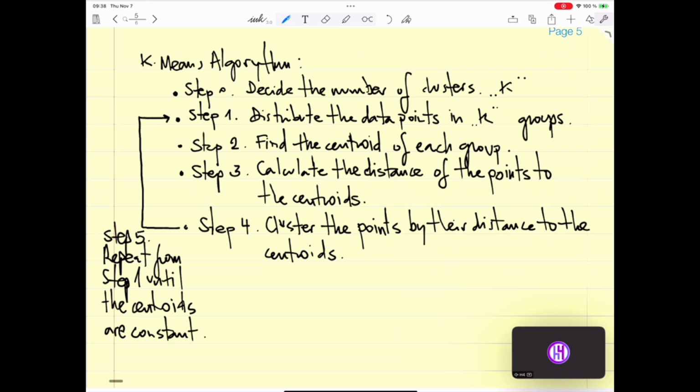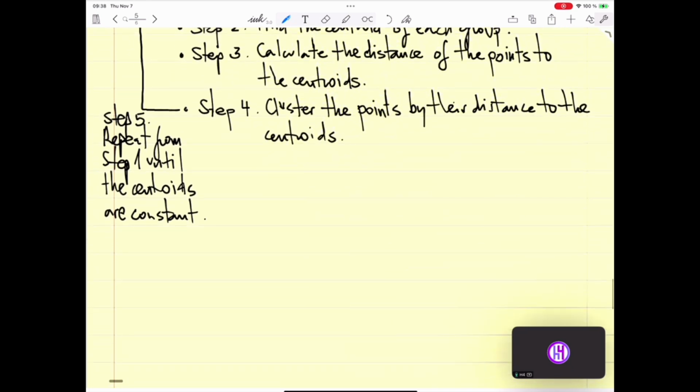Okay, so this seems very difficult. Oh my God, I cannot do it, I will not be able to do it. It's actually super simple. Okay, let's look at an example.